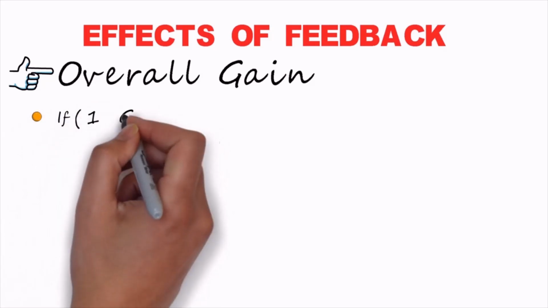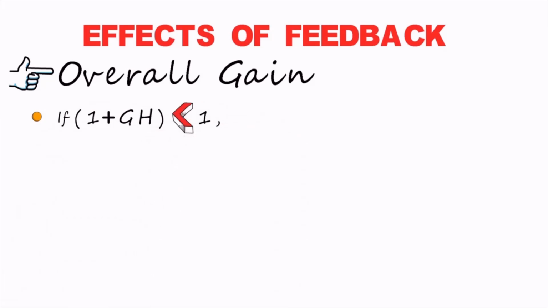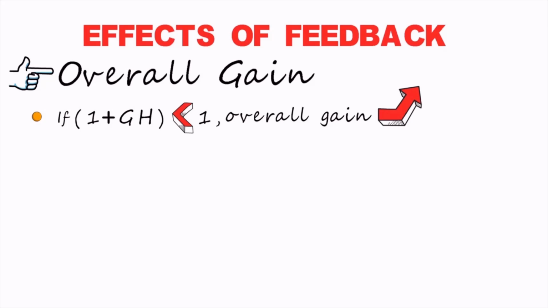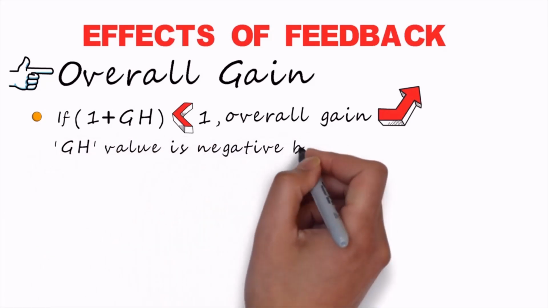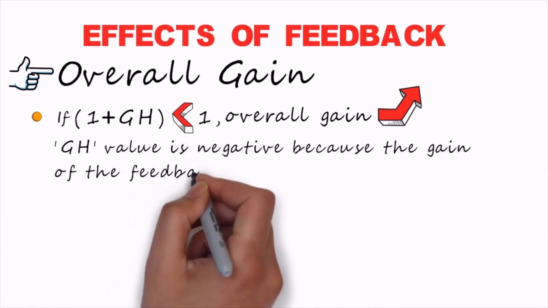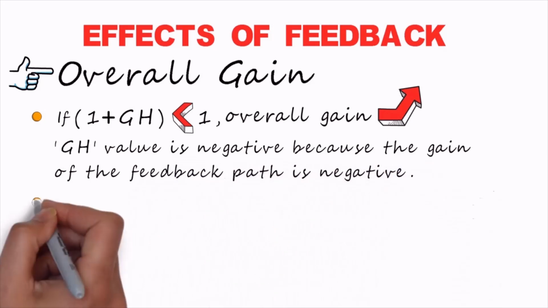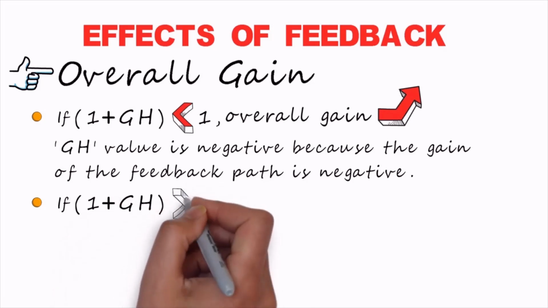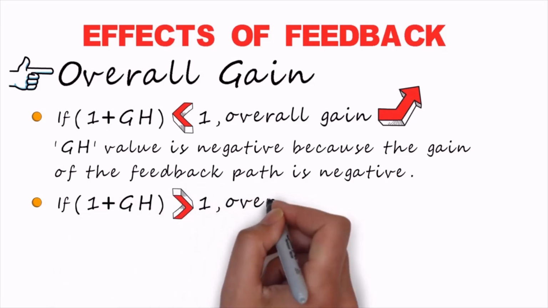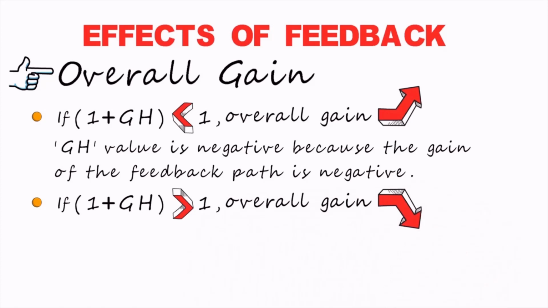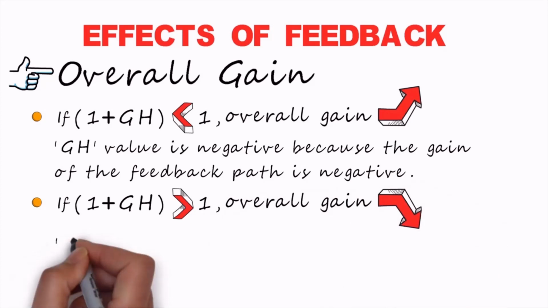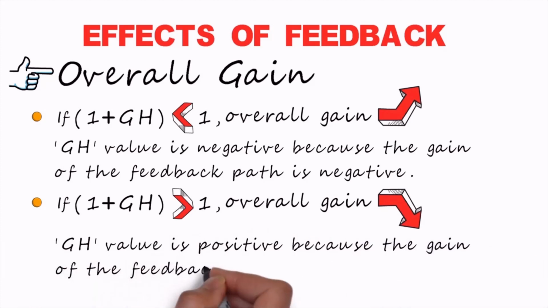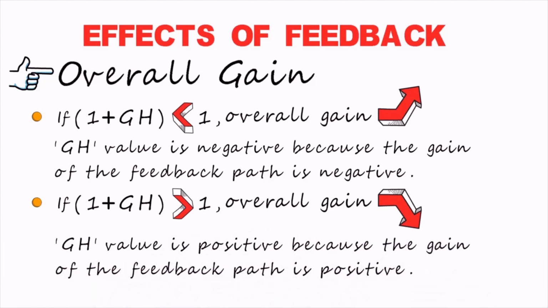If the value of 1 plus GH is less than 1, then the overall gain increases, and in this case the GH value is negative because the gain of the feedback path is also negative. And if the value of 1 plus GH is greater than 1, then the overall gain decreases, and in this case the GH value is positive because the gain of the feedback path is positive.